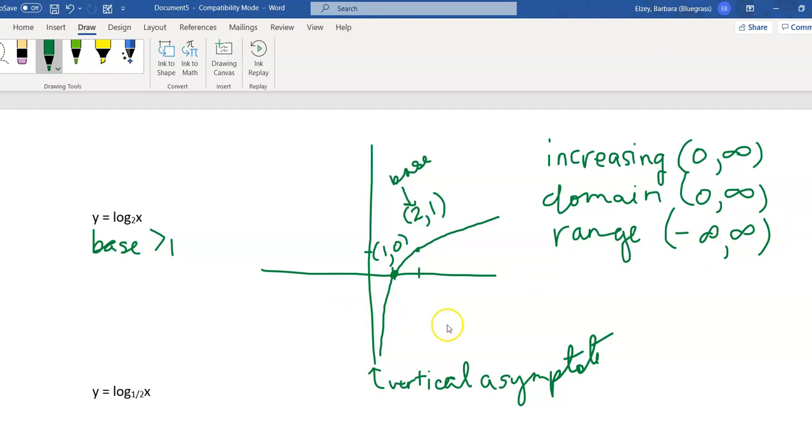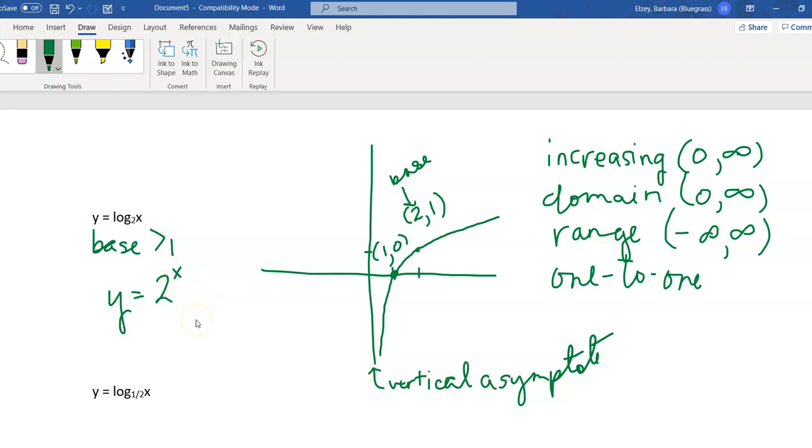And notice this passes the horizontal line test, so it is 1 to 1. And that means, of course, that it has an inverse. Now, its inverse is the exponential function of the same base. So log base 2 actually has an inverse of 2 to the x.